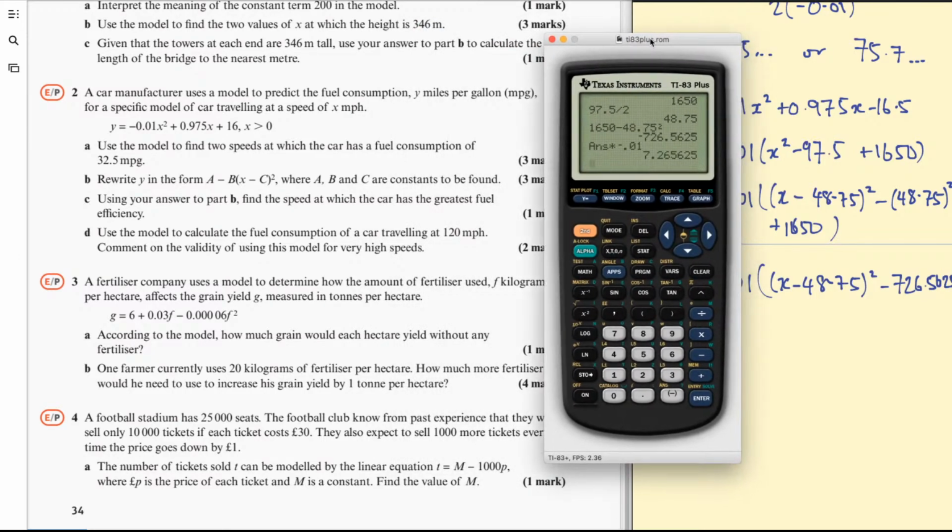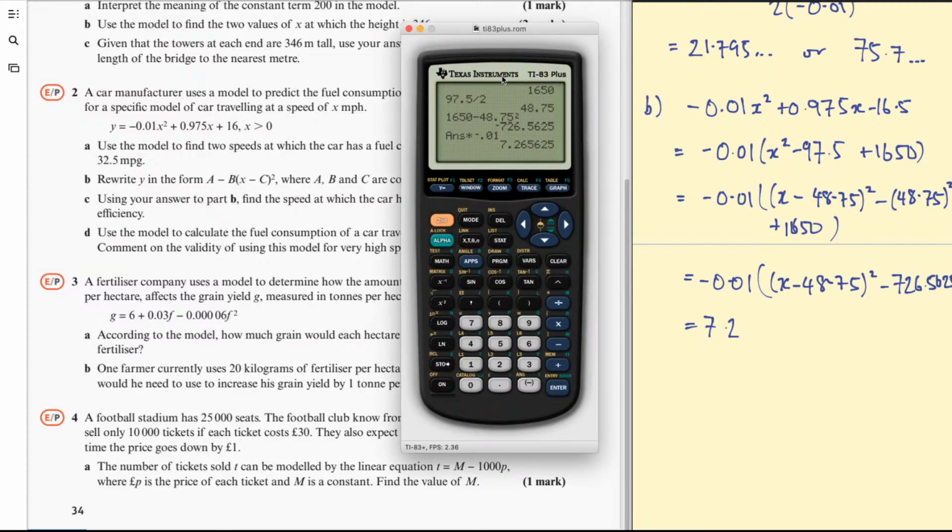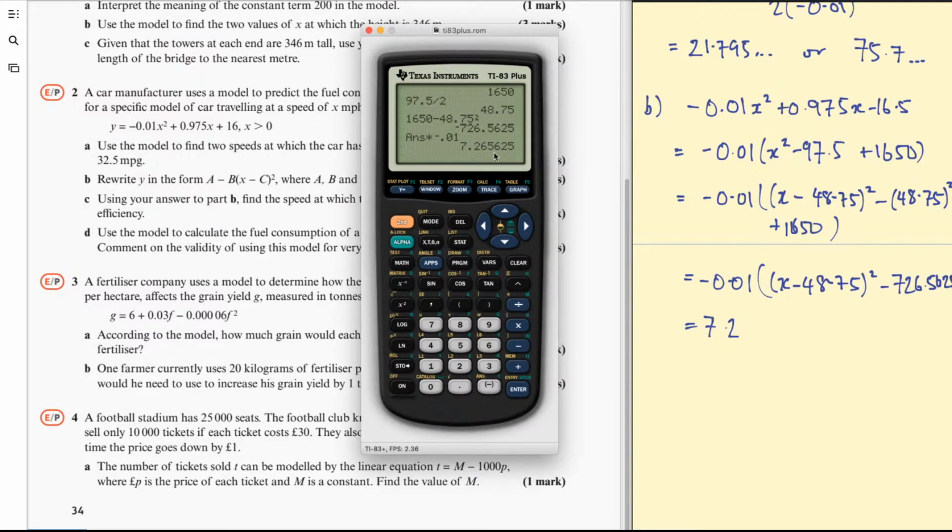And do we need to round this off to anything? Okay, let's write the whole thing out, although I'm wondering, should I round it off or not? But anyways, then we have left over negative 0.01 multiplied by x take 48.75 all squared.